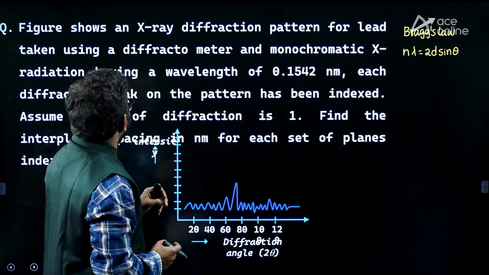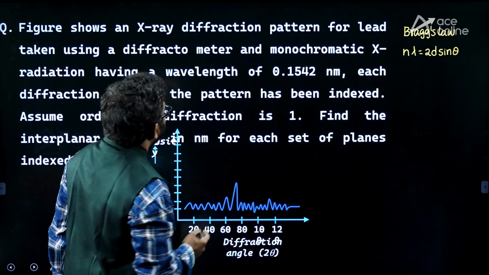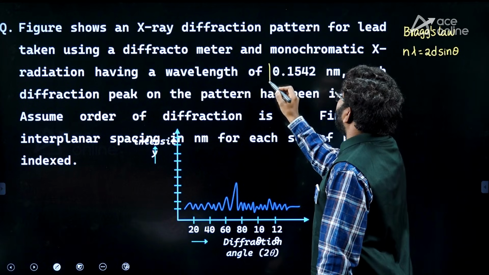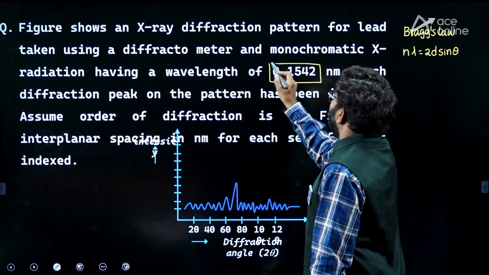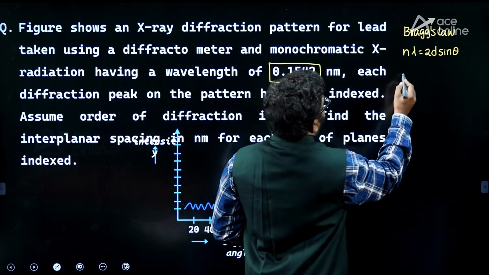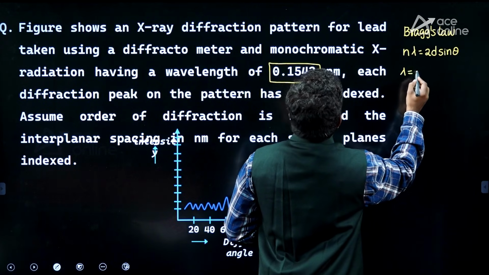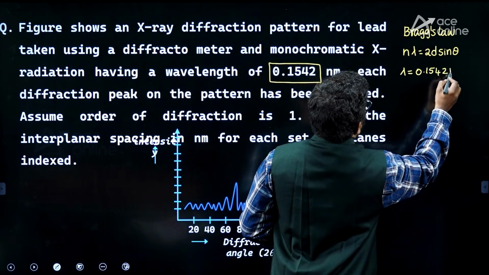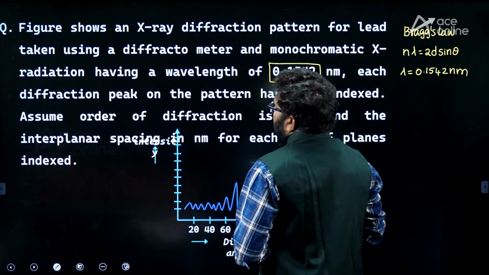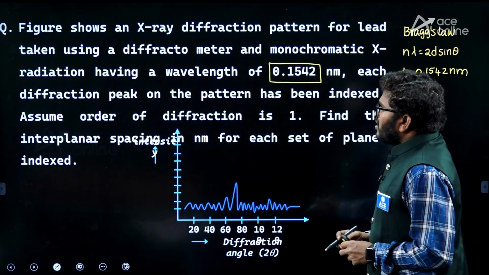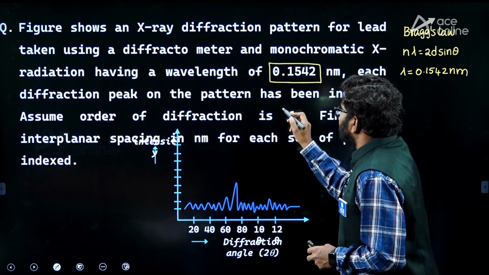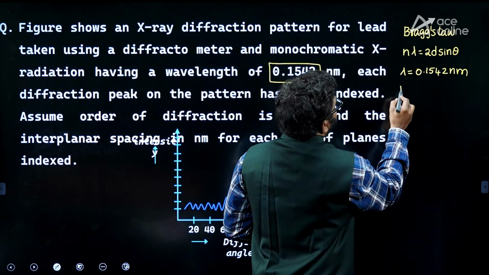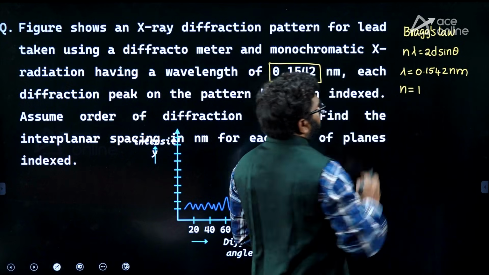From this question, the given data: X radiation having a wavelength of 0.1542 nanometer, so lambda is equal to 0.1542 nanometer. And order of diffraction is given as 1; order of diffraction is nothing but n, so n is equal to 1.